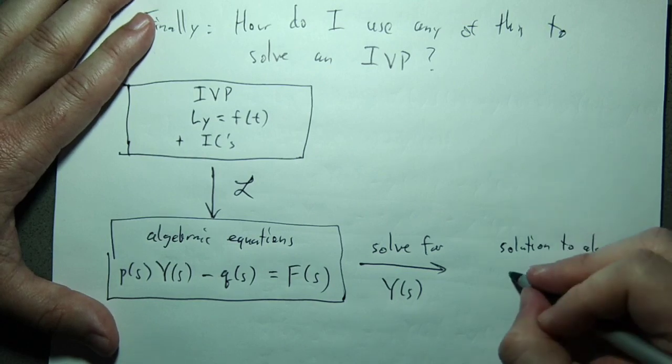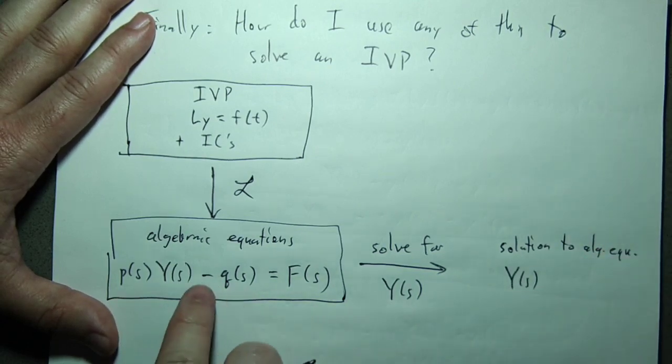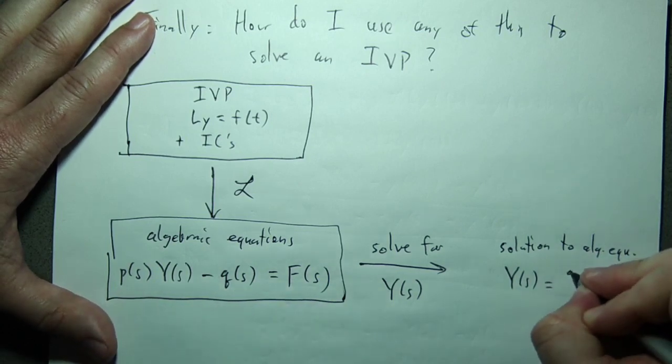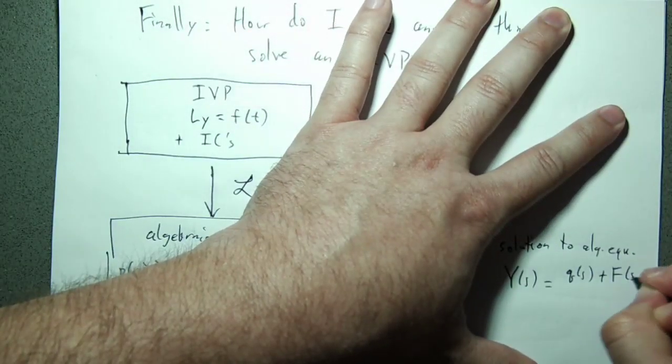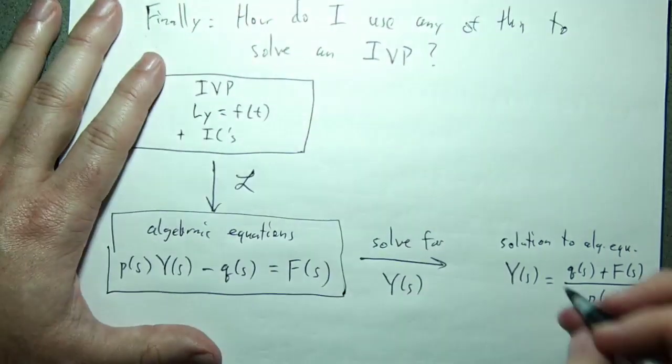My solution, just formally, so adding Q of S to both sides, dividing by P of S, is Q of S plus big F of S over P of S.